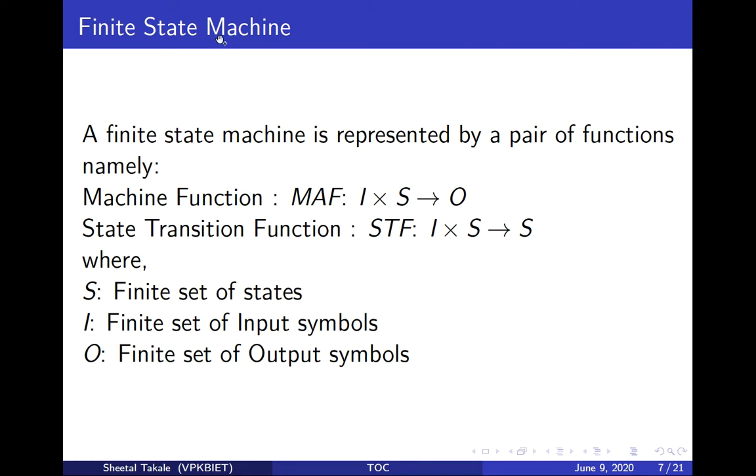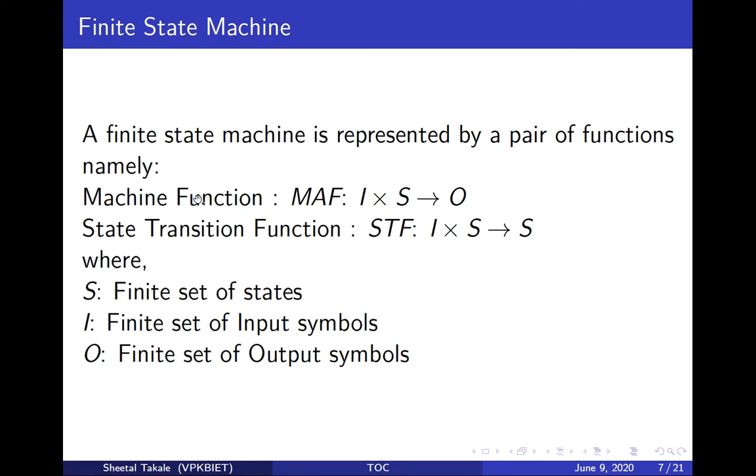Finite state machine. A finite state machine is represented by two functions, MAF and STF. In the case of a basic machine, we had only the input set and the output set. In the case of a finite state machine, we have three, that is states, input and output. So in addition to input and output, we also have the set of states.